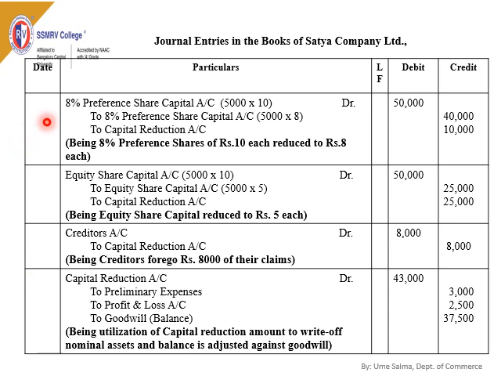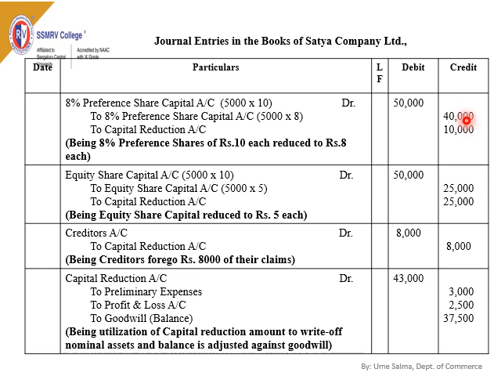For 8% preference share capital account, 5,000 preference shares of rupees 10 each, taken from the balance sheet, the old figure, 50,000, we show on the debit side. And the new preference share capital, reduced to 8 for 5,000 preference shares, 5,000 into 8, comes to 40,000.